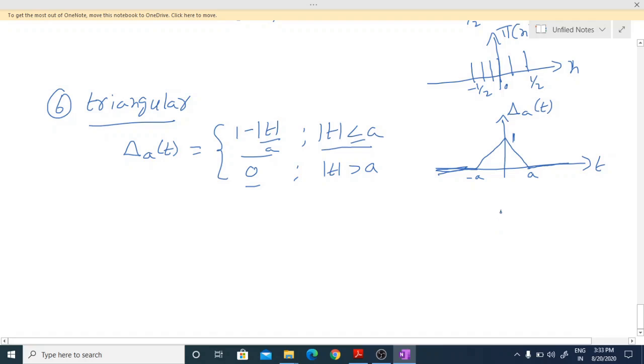And now we can represent the triangular signal in the discrete case as follows. At the 0 position we get the 1. So in this way we can represent the triangular signal in discrete.